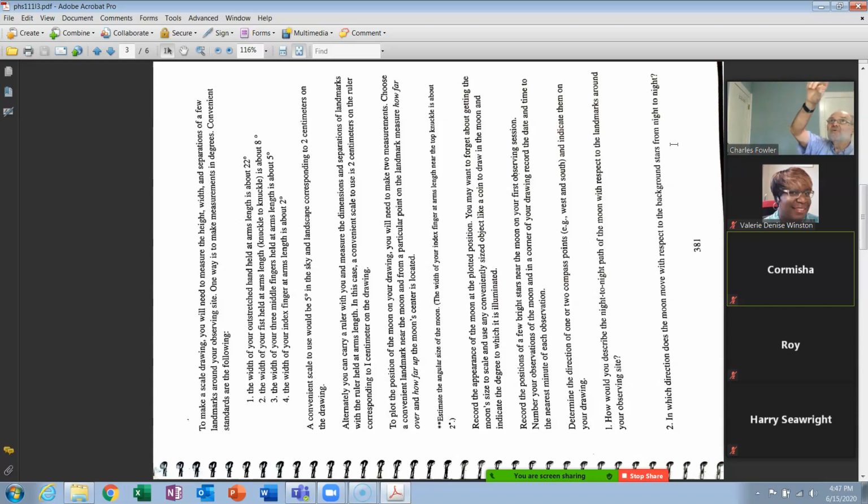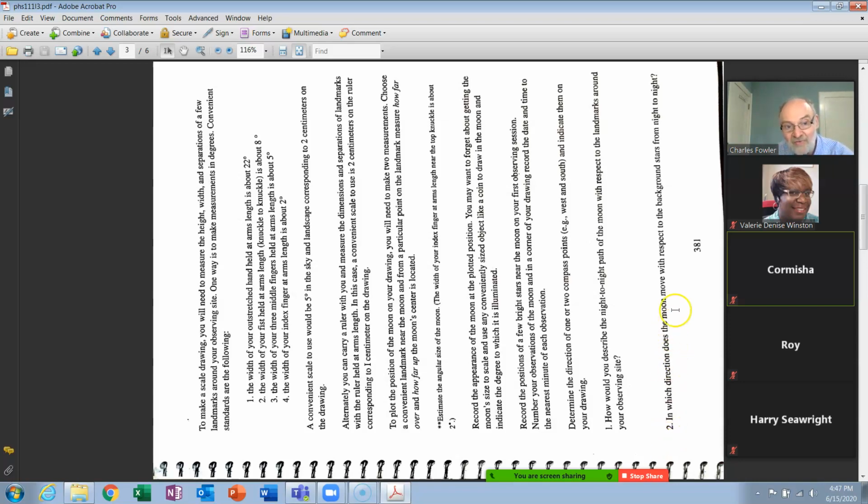And then 2 nights later, it had moved over here. Well, it moved so many inches, if you're using a ruler, to the left, and went further up. How many inches? From that first set of stars. So your second observation, in which direction, and that would be better to do north, south, east, or west. That would be ideal. But if you aren't good with directions, right or left would be all right.